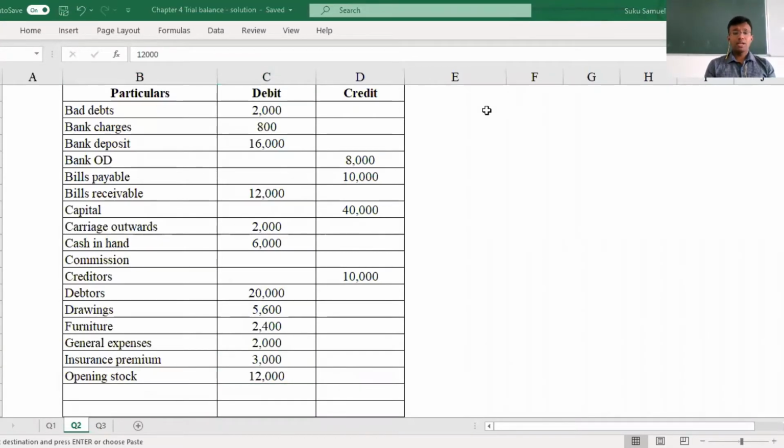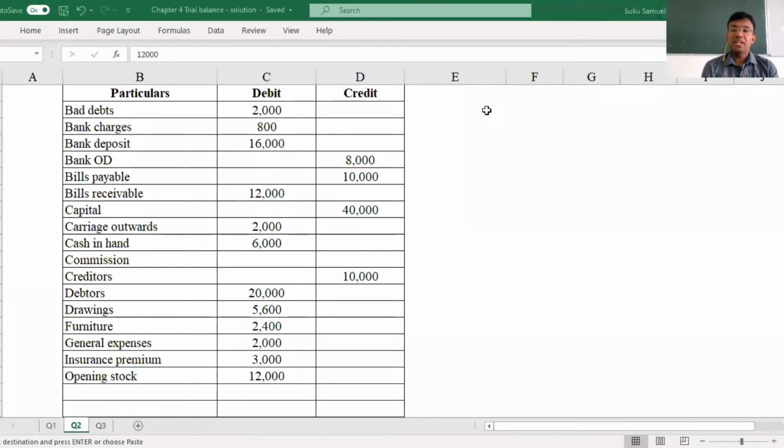Now, next important item is provision for bad debt. Now, what do you mean by provision? Provision is a certain amount of money that you're keeping aside to meet a certain contingency situation. Provisions and reserves are money that you're keeping aside for a certain contingency situation.